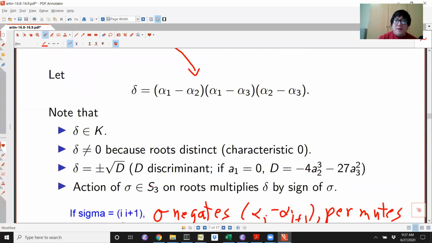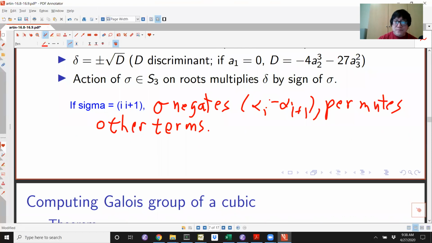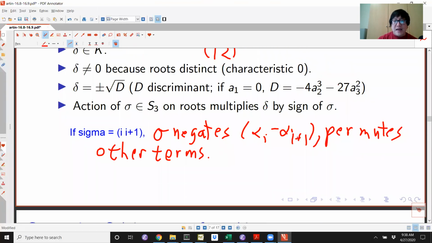So for example, if you look at what the permutation (1 2) does, it negates this term, and it just switches the order of the other factors, but since multiplication is commutative, that doesn't matter. The only one that really gets negated is exactly that term.